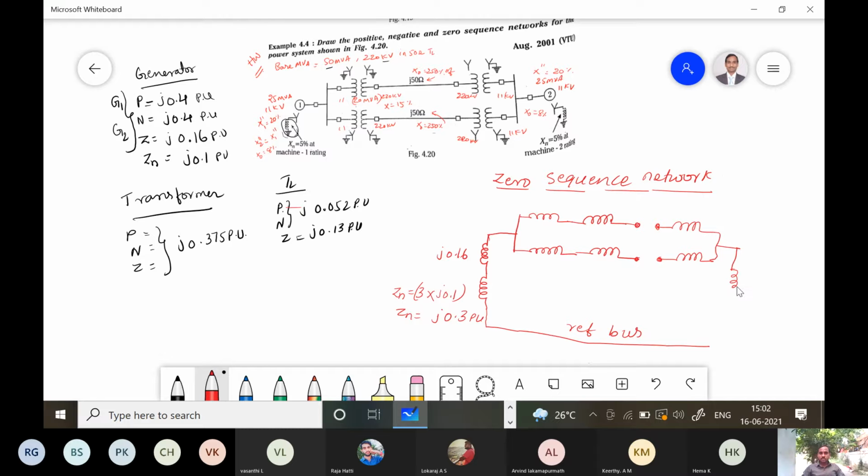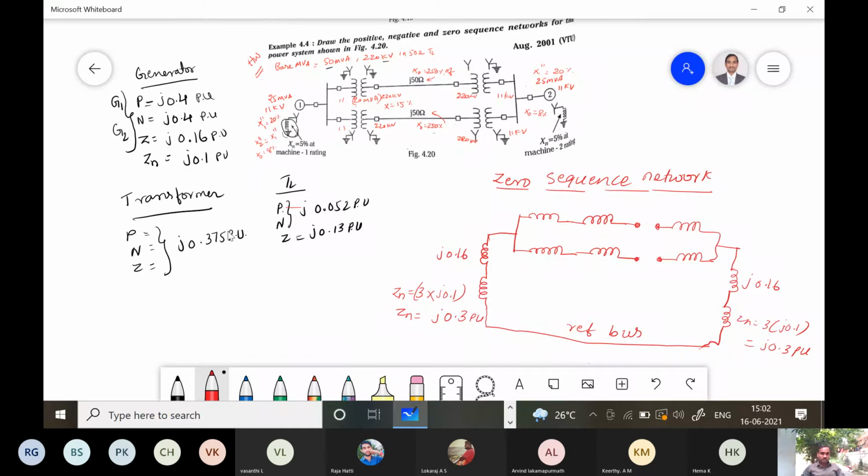And generator 2 and its Zn is also the same thing, j0.16 per unit. Here Zn is equal to 3 into j0.1, so this is equal to j0.3 per unit. So now you have to write all the values.